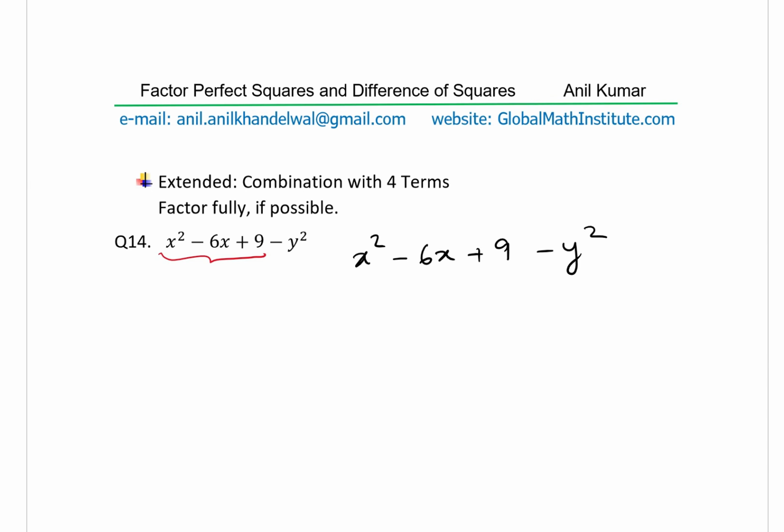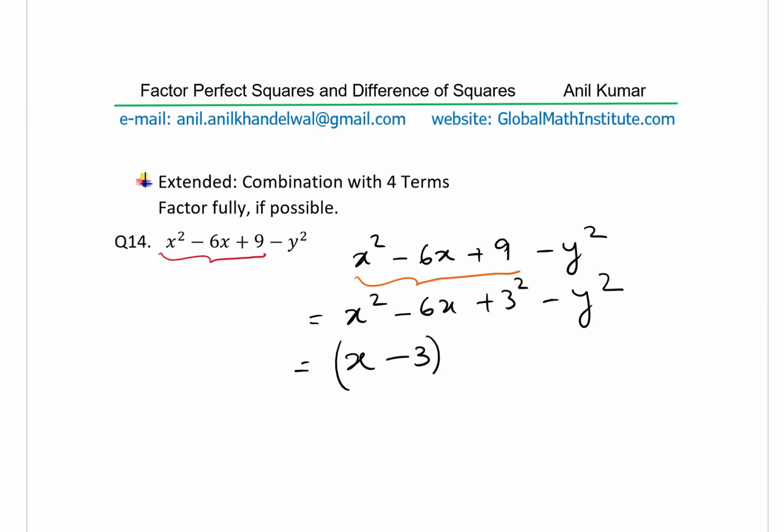Now first 3 terms can form a perfect square, as you can see. So I could write this as x square minus 6x, which is 2 times 3, and this is 3 square, right? Minus y square. So I could write this as equal to x minus 3 whole square.